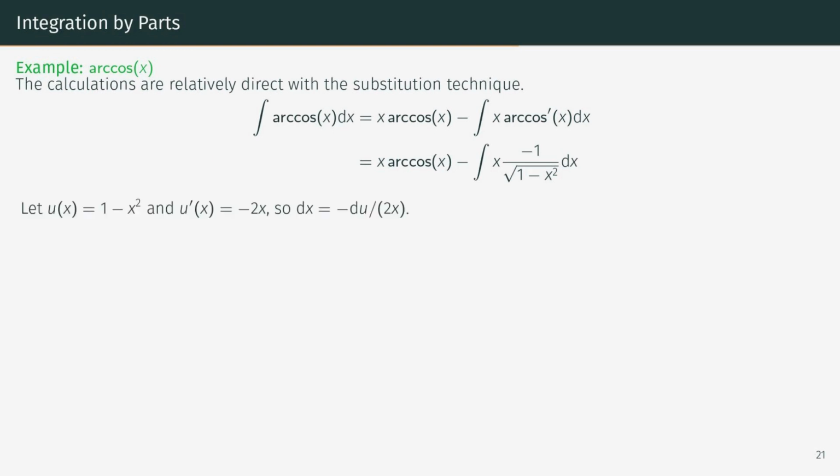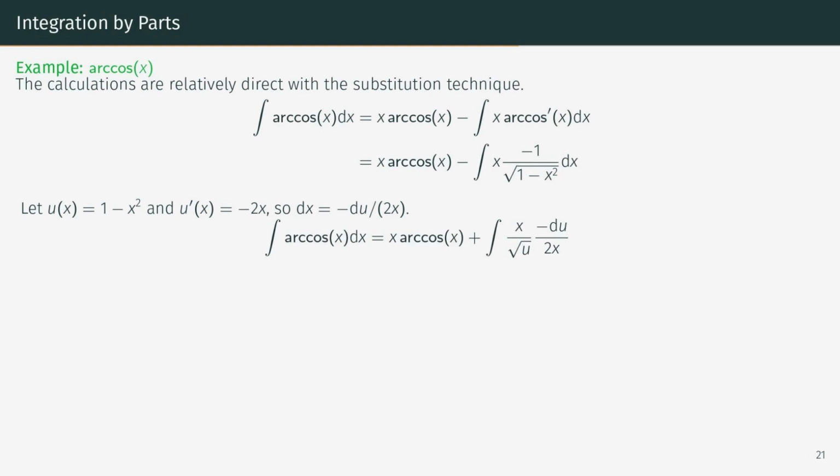We can then proceed to use substitution to solve the integral. So we let u of x equal 1 minus x squared and u prime of x equal negative 2x. So then dx equals negative du over 2x.